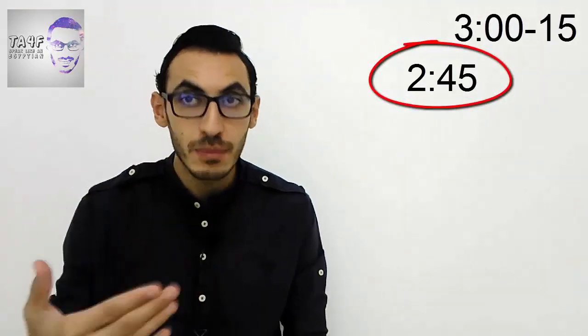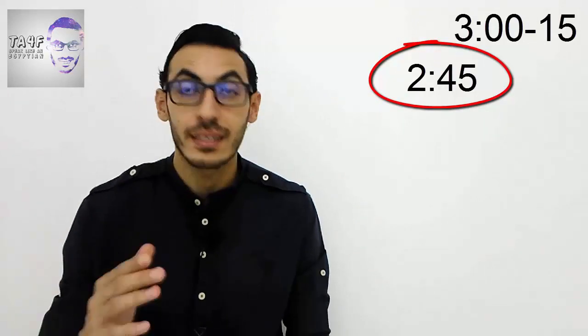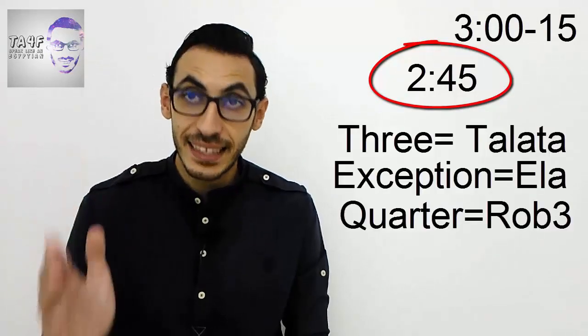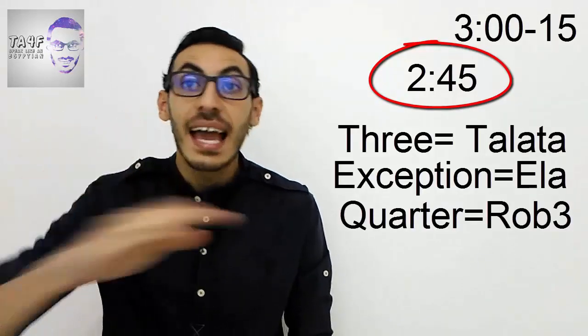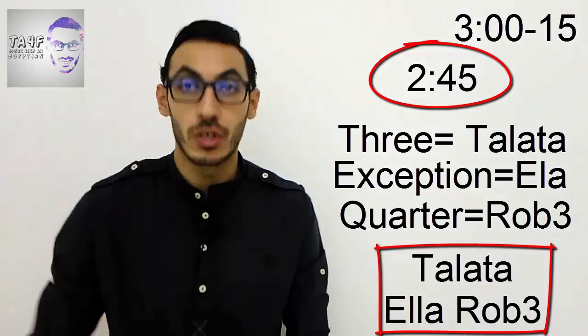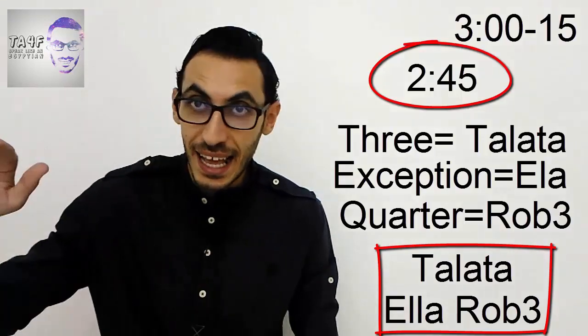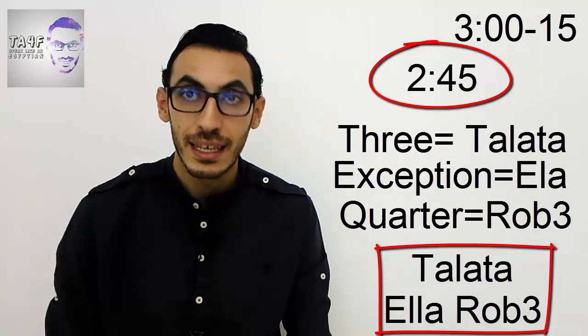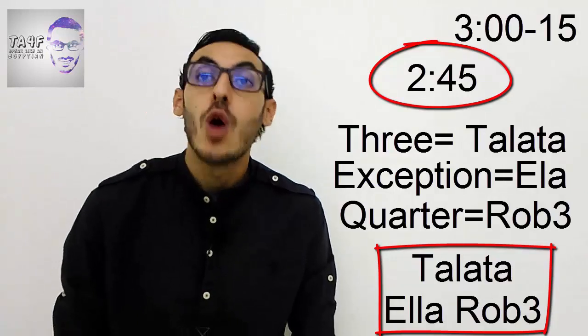Okay. How about 2:45? Same thing as 3 exception of 15 minutes, right? 3 exception of quarter, right? Okay. So it's gonna be تلاتة إلا, the exceptional word, ربع, which is quarter. Got it? What about 2 and 50 minutes?